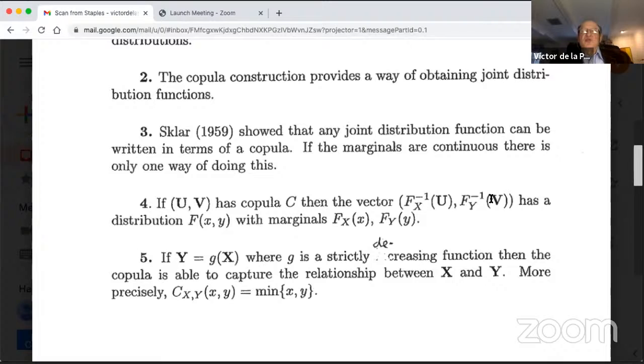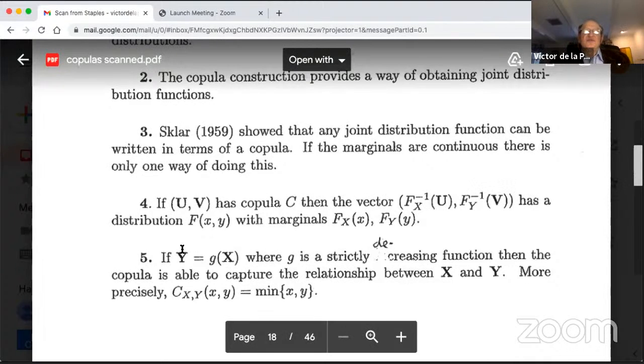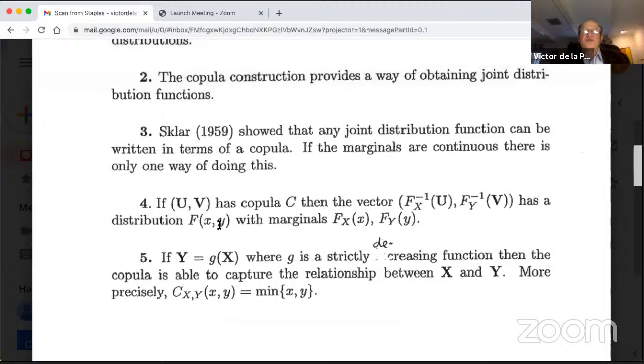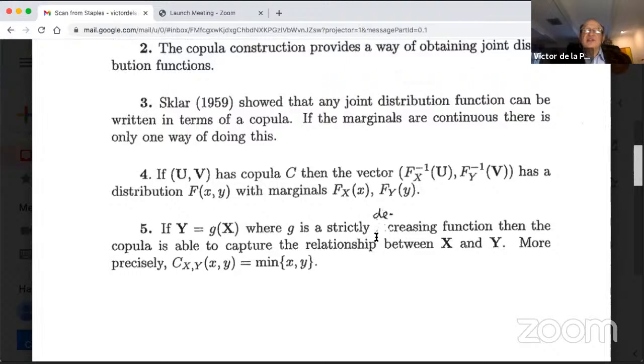So you take the copula C of Fx inverse of u, Fy inverse of v, and that gives you the distribution that you're looking for with the appropriate marginals. That's how you take a copula and associate it with the marginals.